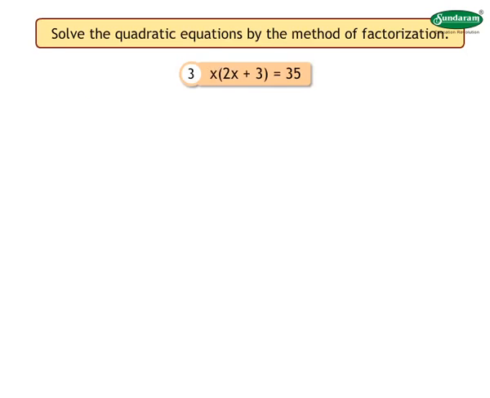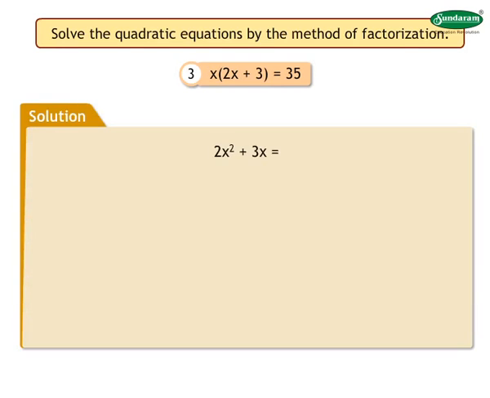Number 3. X into 2x plus 3 is equal to 35. Solution: 2x square plus 3x is equal to 35. 2x square plus 10x minus 7x minus 35 is equal to 0. Therefore, 2x into x plus 5 minus 7 into x plus 5 is equal to 0.